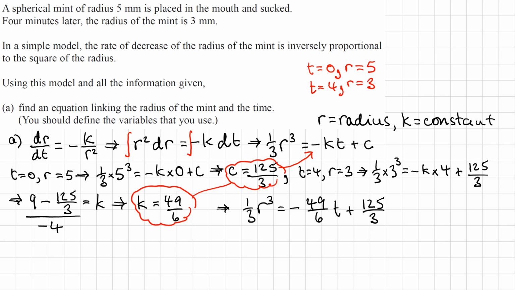Now it's acceptable to leave my answer in this form because the question says we just want an equation linking the radius of the mint and time, which is what we've got here. It doesn't ask us to write this in the form r is equal to. So this is perfectly acceptable as an answer for this part of the question.